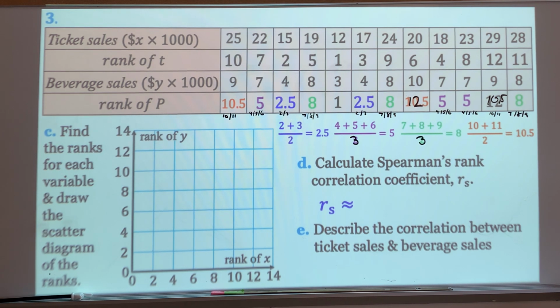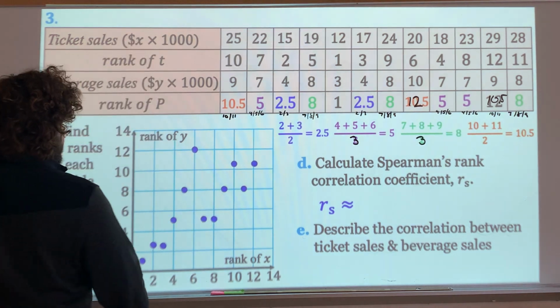So I want you guys to plot them right now. All right. When you plot them, you should get something that looks like that.